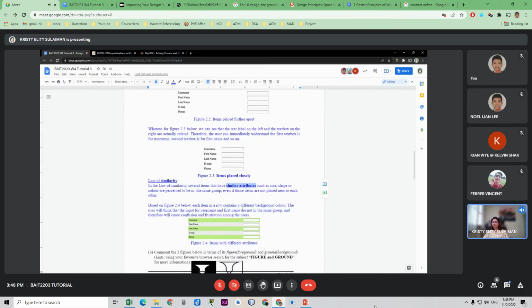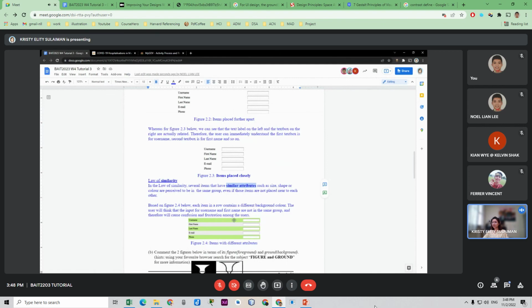Shape or color perceived to be in the same group, even if those items are not placed near each other. Thank you, Noel, for the correction. So similarity is referring to similar attributes like the size, shape, or color.